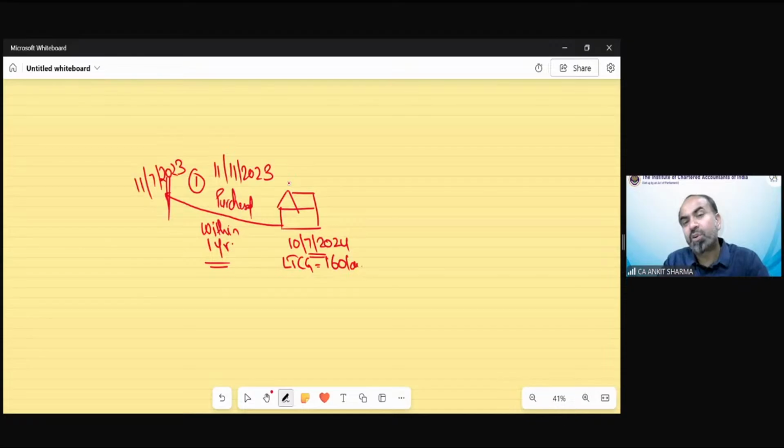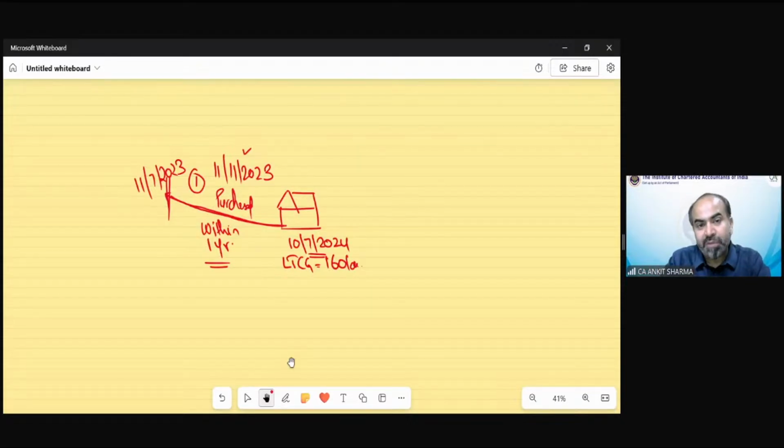If we transfer on 10th July 2024, that means the 1 year date would be 11th July 2023. So if you purchased any new house during this duration, within 1 year from the date of transfer, then you can claim the exemption of this house. If suppose that is purchased on 11th November 2023, then you can claim the exemption of this house, that is allowed. Clear?